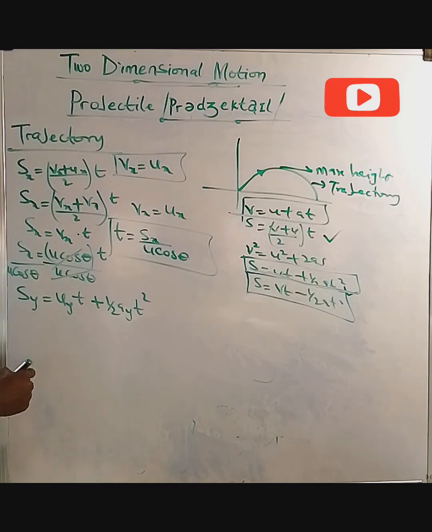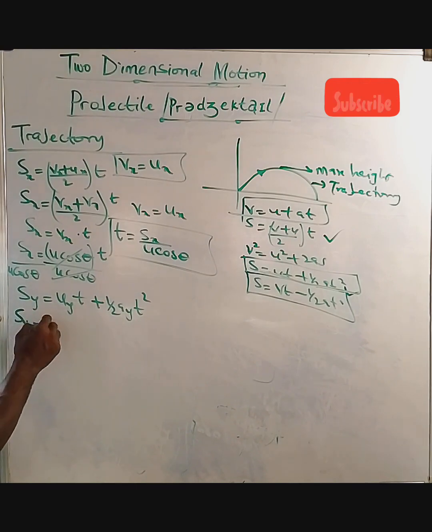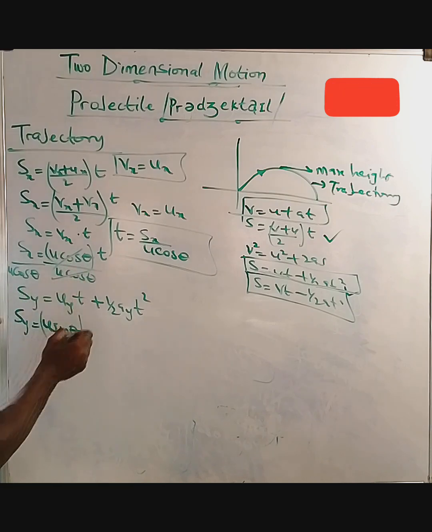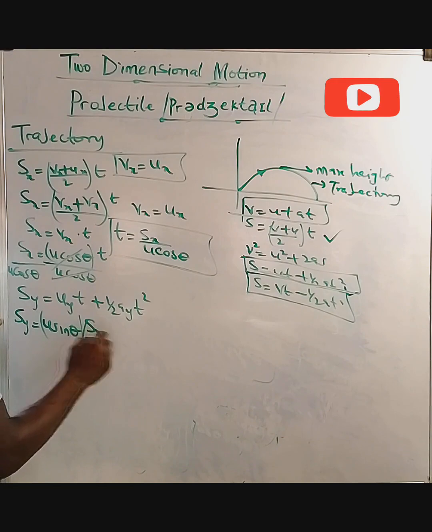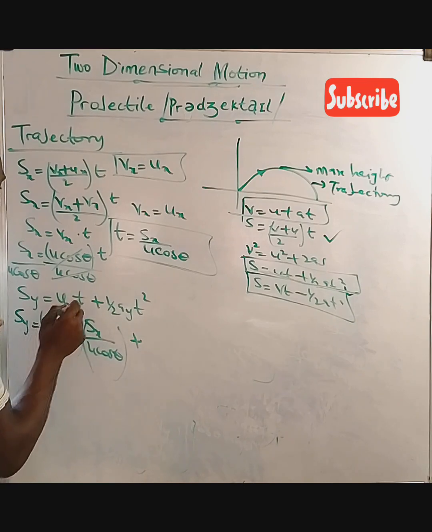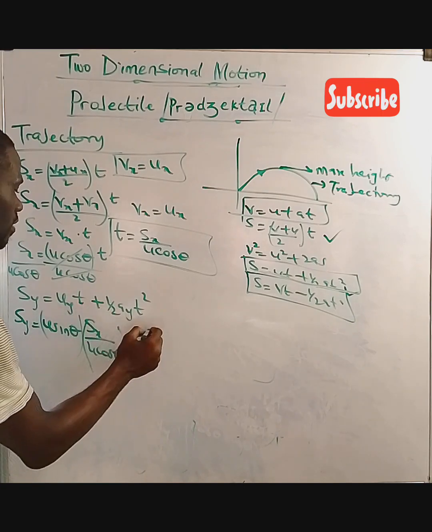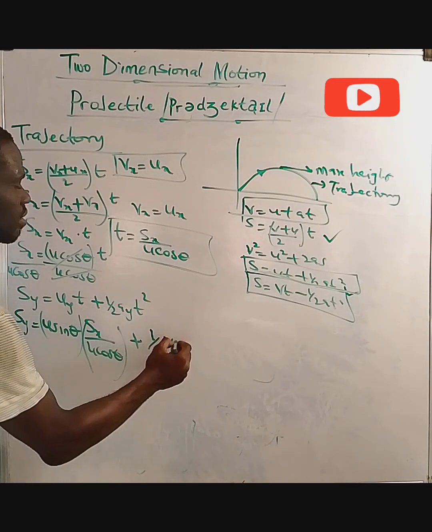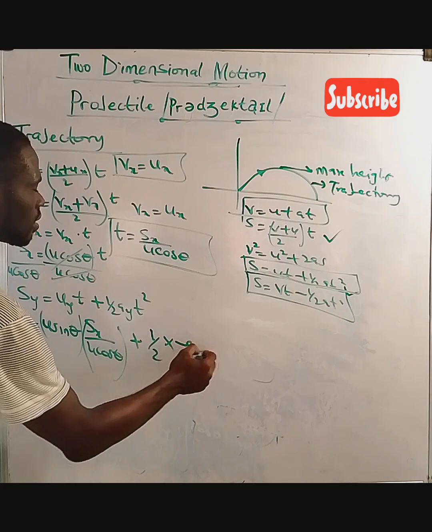So distance along the y-axis is this, because the initial speed is u sine theta times time. What's the time? The time is distance along the x-axis over u cos theta, plus one over two times acceleration along the y-axis. If the body moved against gravity, it's minus gravity, times the time.